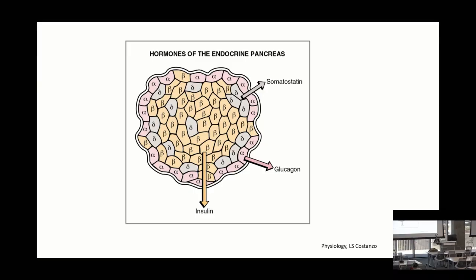The illustration just shows you how proximal the cells are, and, as we talked about with paracrine and autocrine function, there will be lots of paracrine interactions between the different cell types and the hormones that they produce. We'll delve more into each of these hormones in the subsequent sections.